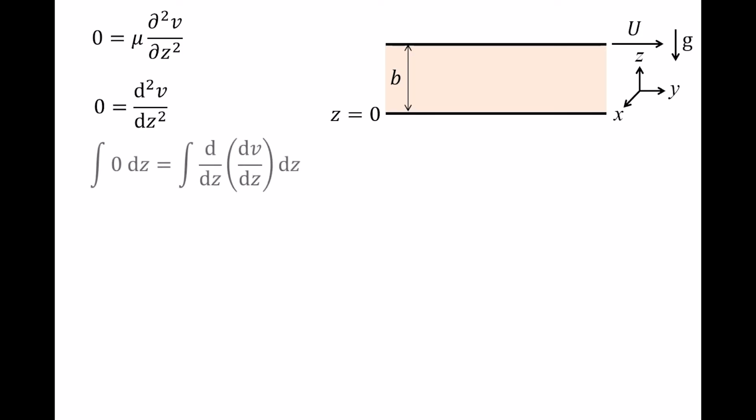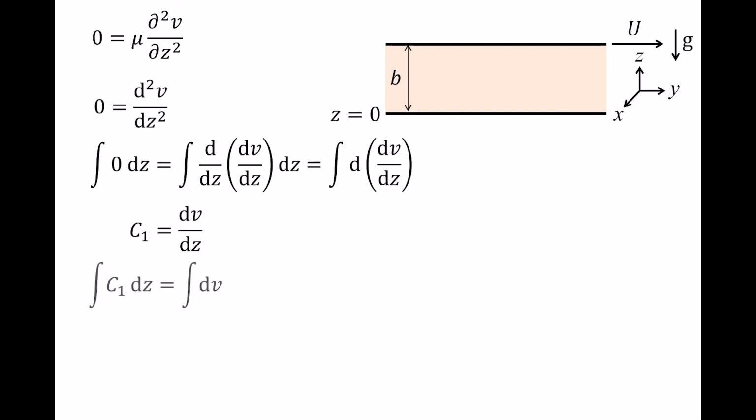Next, we multiply both sides of the equation by dz and integrate. The right side of the equation can be simplified to the integral of d dv dz, which is simply dv dz. On the left side of the equation, the integral of 0 dz is a constant, which we will call c1. We again multiply both sides by dz and integrate.